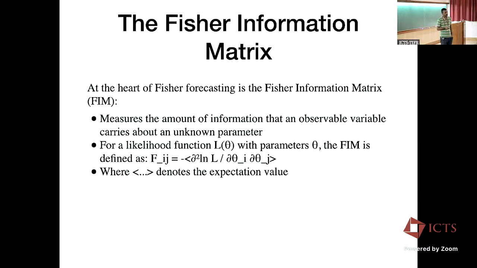What is the difference if Fij has off-diagonal terms or if Fij is diagonal? Right. If Fij is diagonal, let's say you're considering a 2 by 2 matrix, where the size of the matrix is basically the number of parameters. If you have 2 parameters, you'll have a 2 by 2 matrix.